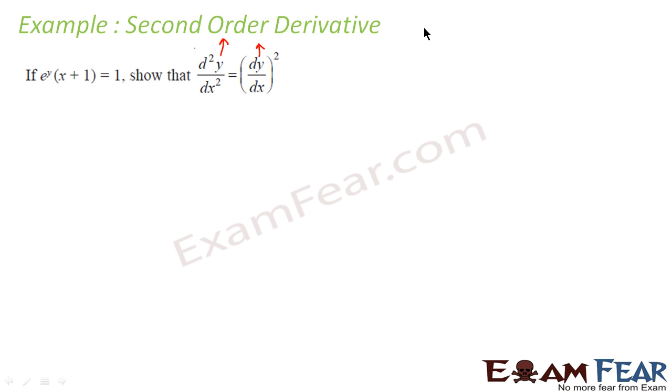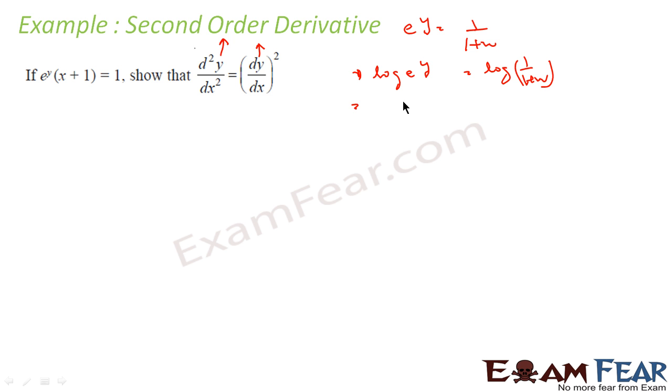Correct? So in this case I am given that e to the power y is nothing but 1 by 1 plus x. Correct? Let's take log on both sides. This becomes log of e to the power y is log of 1 by 1 plus x.